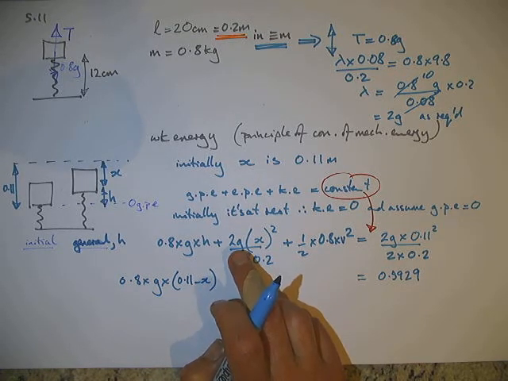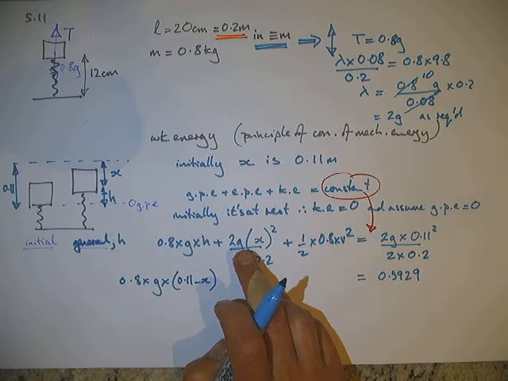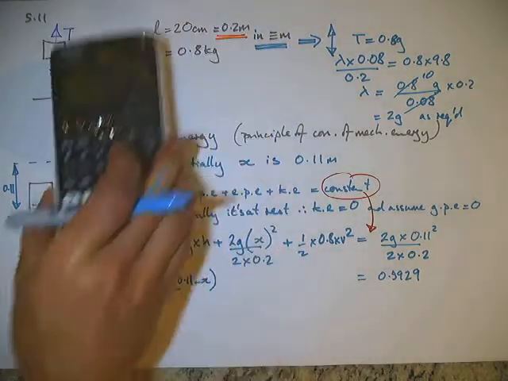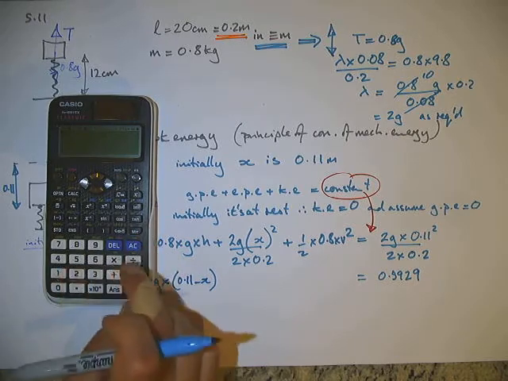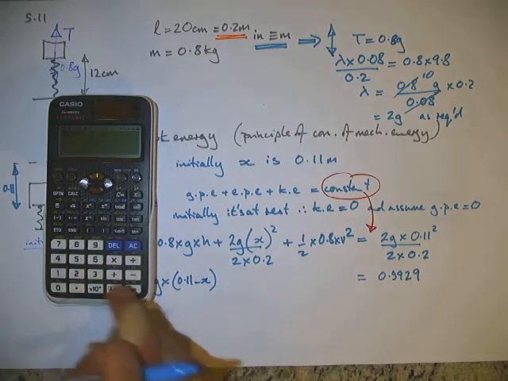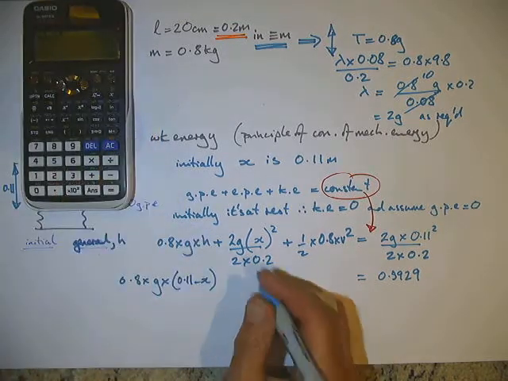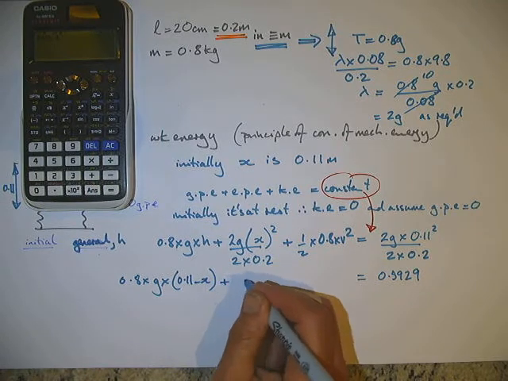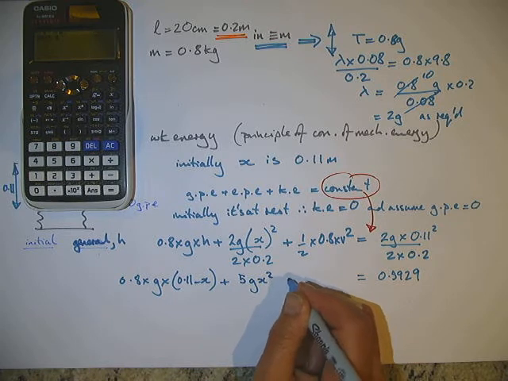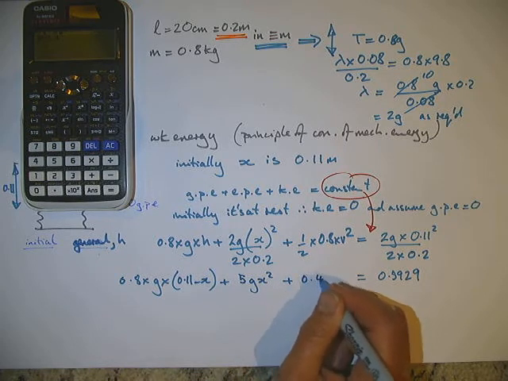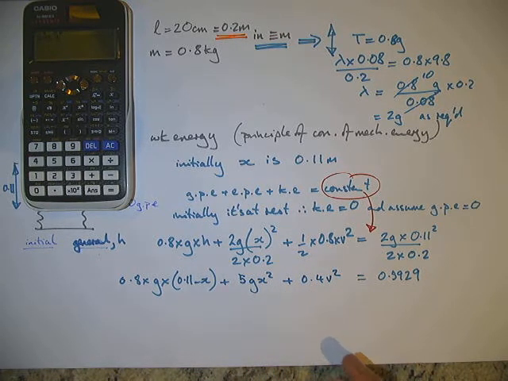What's this going to cancel to give? We've got 2 divided by 0.4, 2 divided by 0.4 is 5. Oh, of course it is: 5g x squared plus 0.4 v squared.